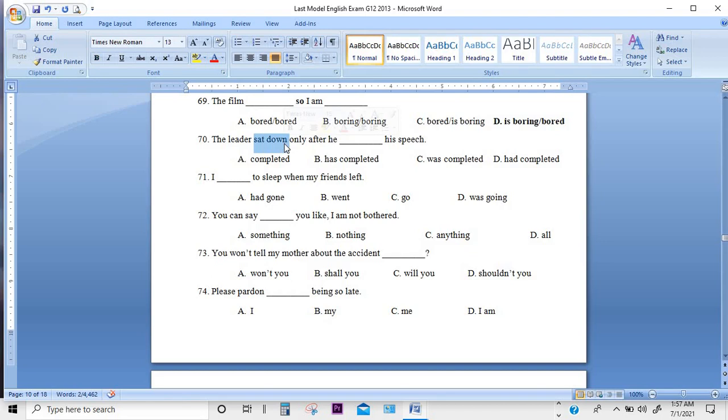Completed is past tense, has completed present perfect, was completed past passive, had completed. ስለዚህ was completed አይሆንም passive structure አንጠቀምም ስለዚህ አንደኛ የምታስወግዱት c ይሆናል. The leader sat down only after he dashed his speech.